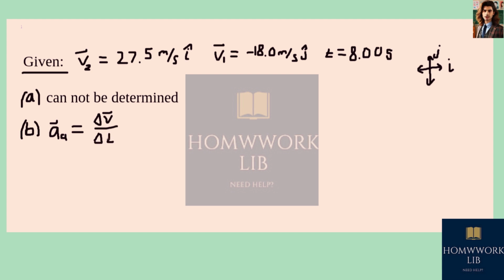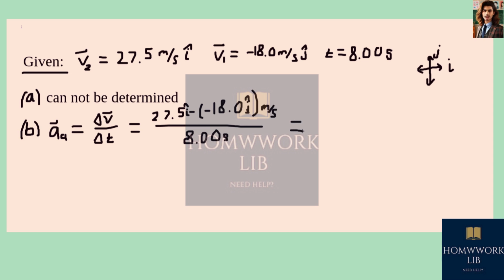So delta V over delta T. Well, this is equal to 27.5 in the I hat direction, minus 18 in the J hat direction, minus 0, and then all of this is divided by 8.00, which is the change in time that elapsed, in seconds. And this is meters per second.